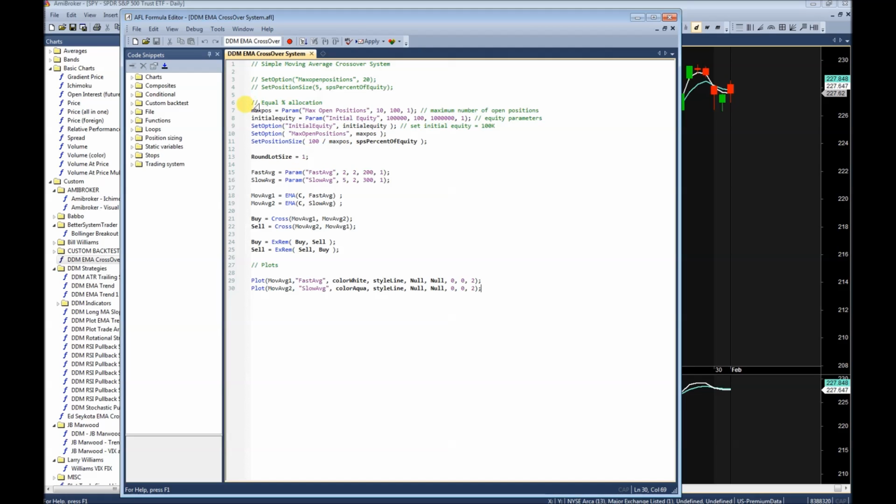In the first section, we set up some parameters for position sizing. We do that because we want to be able to change the number of positions and the starting equity in the trading system, because we're going to test it not only against individual ticker symbols, but against a portfolio of instruments.